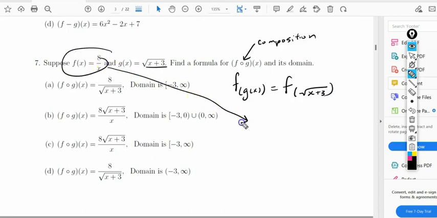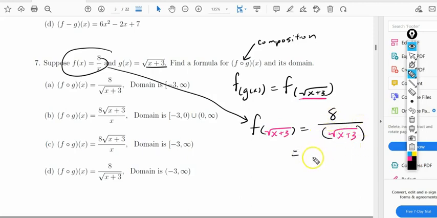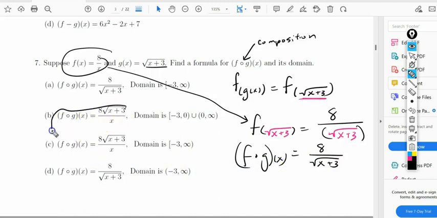So now I'm going to take that and just write it without the x, because now I want to evaluate it at square root of x plus 3. And here the parentheses don't make any difference in the bottom, we just get that. So that's my formula for f composed with g. So these two here are the formulas you get if you just do f times g, which, from the symbol, it is not multiplication, it's composition. So I'm down to A and D.